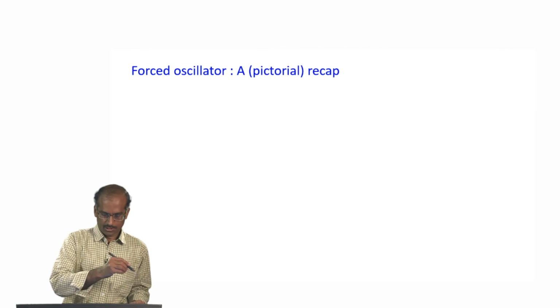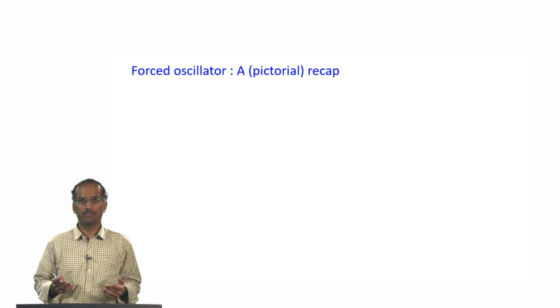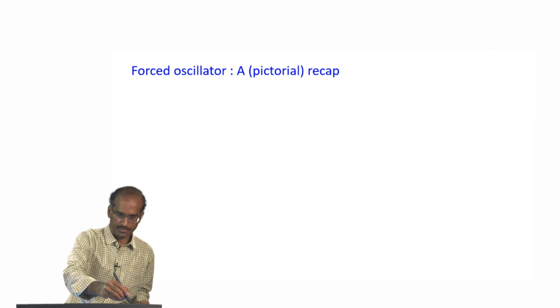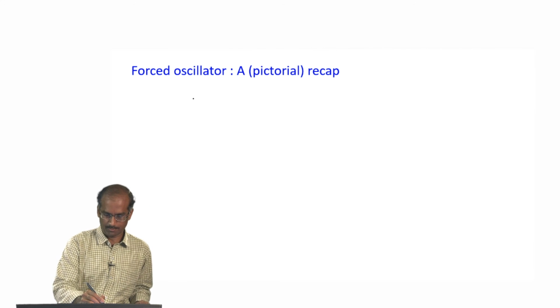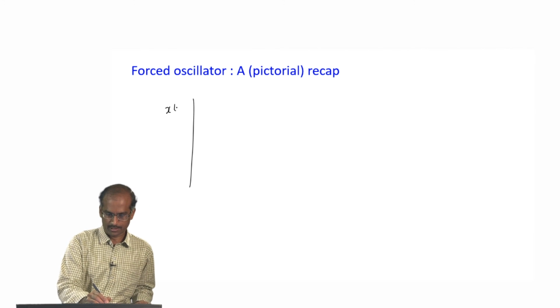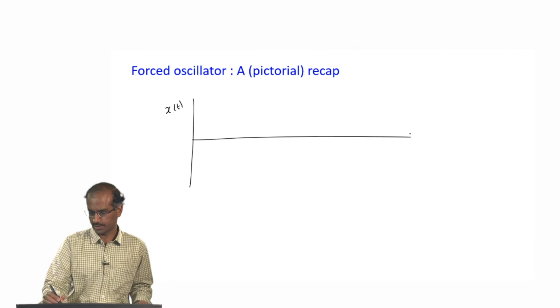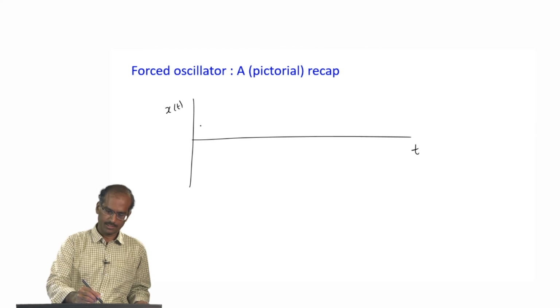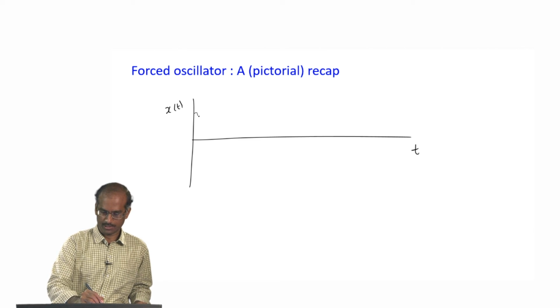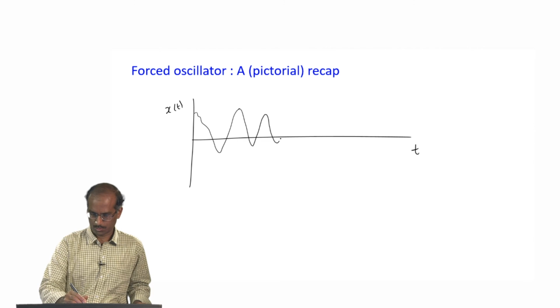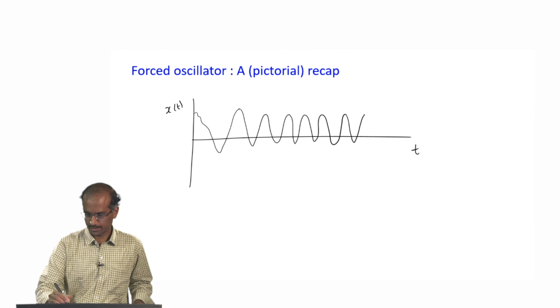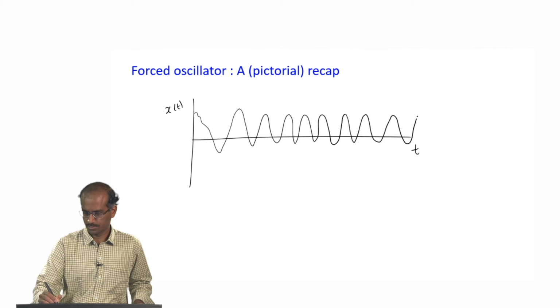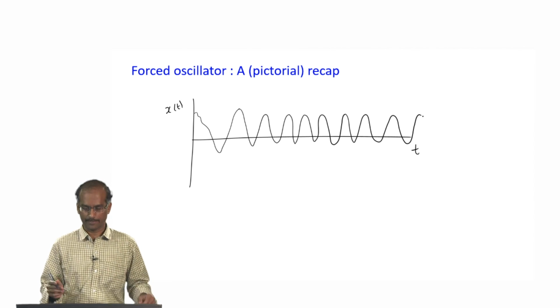So, just to show how possibly it might look physically, let us just quickly plot the solution. x as a function of t, plot it as t. So, what you might see is maybe something that initially looks very different and so on, but finally you will notice that it is settling to some oscillation whose frequency is same as omega.